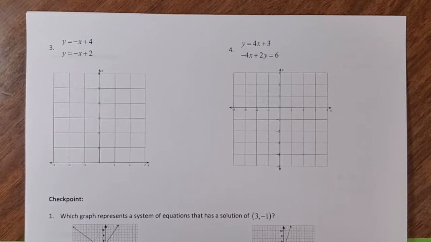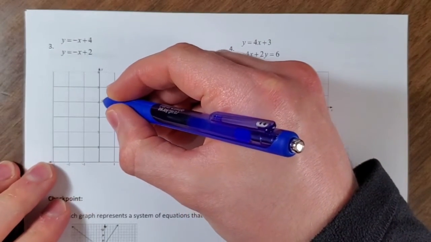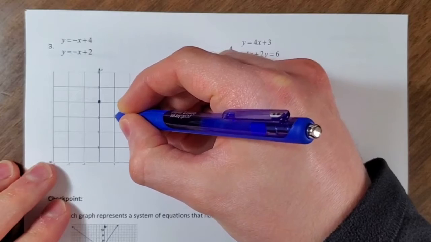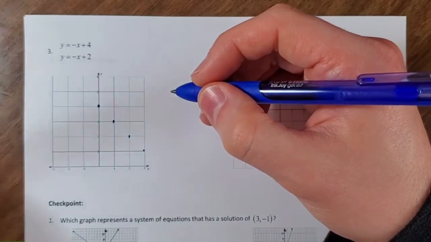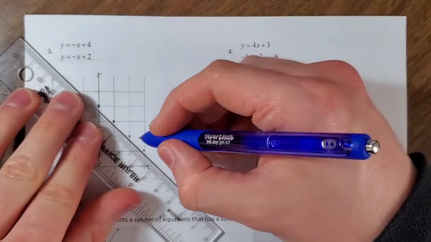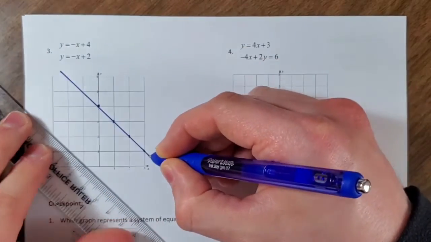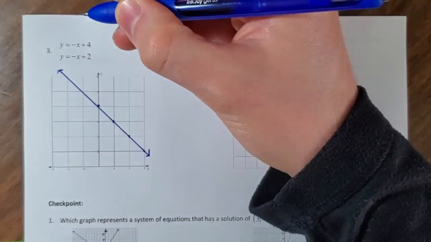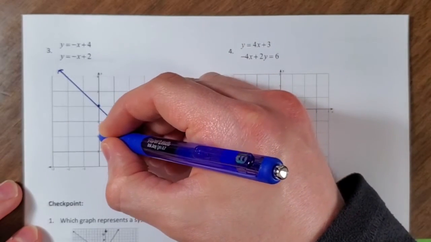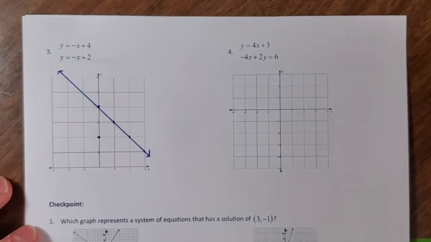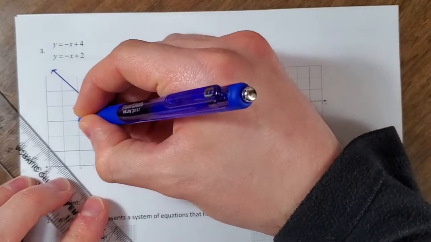Okay, let's go over number 1 together. So in this first one, we've got our first equation with a y-intercept of 4. Then we have a negative slope of 1 here. So I'm going to draw my points and then plot my line. Now for equation 2, we have a y-intercept of 2. And again, we have that negative 1 for our slope here.